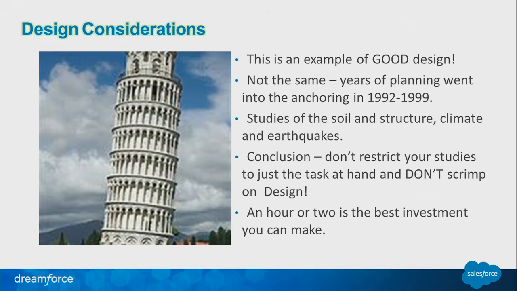They went in there, really studied the soil, the structure, the climate, earthquakes. So the conclusion we have here is don't skimp on your design, because they had to come back to this. It took 7 years. This tower went up originally in 4. So it took them almost twice as long just to stabilize the thing. So an hour or 2 is the best investment you can make on these type of things, because it's going to save you dozens of hours down the road.